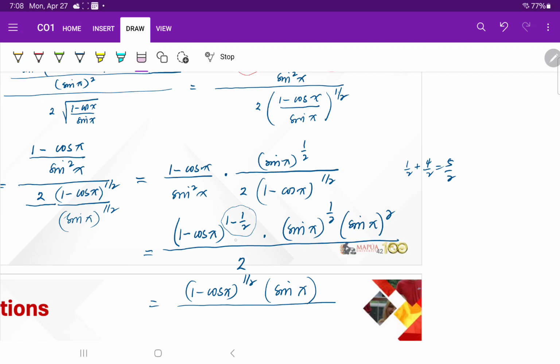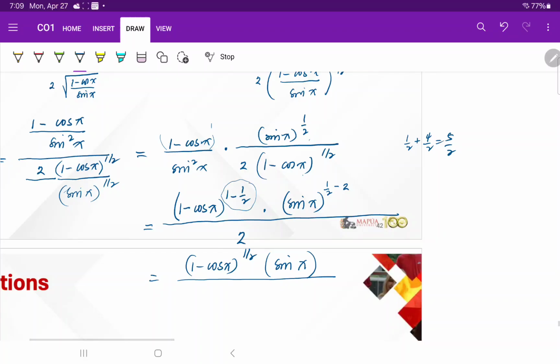So 1 minus cosine, sine, this should be what? I did something wrong here. This should be sine x to the 1/2 minus 2, right? Because you have 1 minus cosine x, this is to the first, so 1 minus 1/2, 1/2 minus 2 over 2, right?